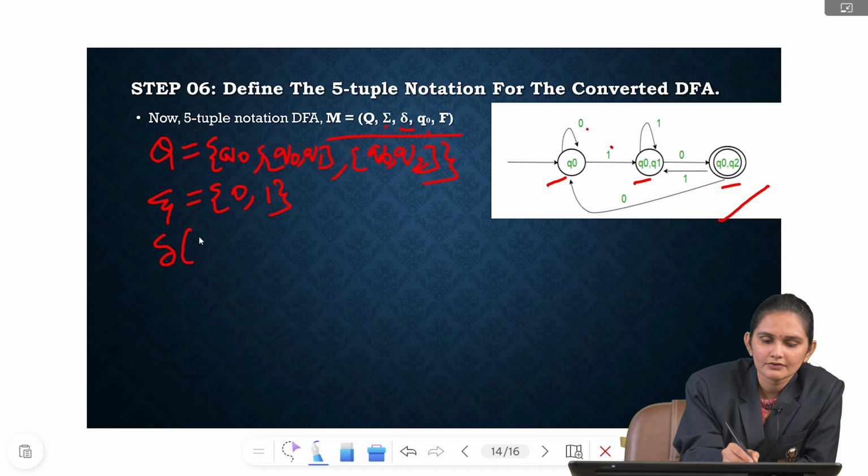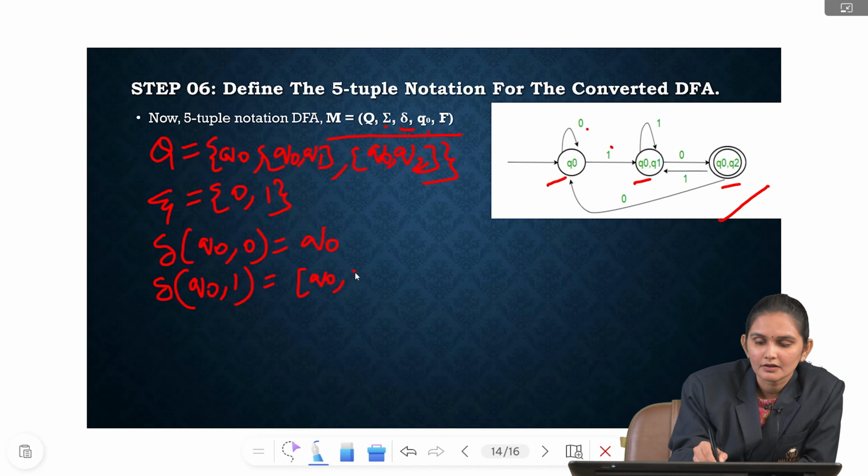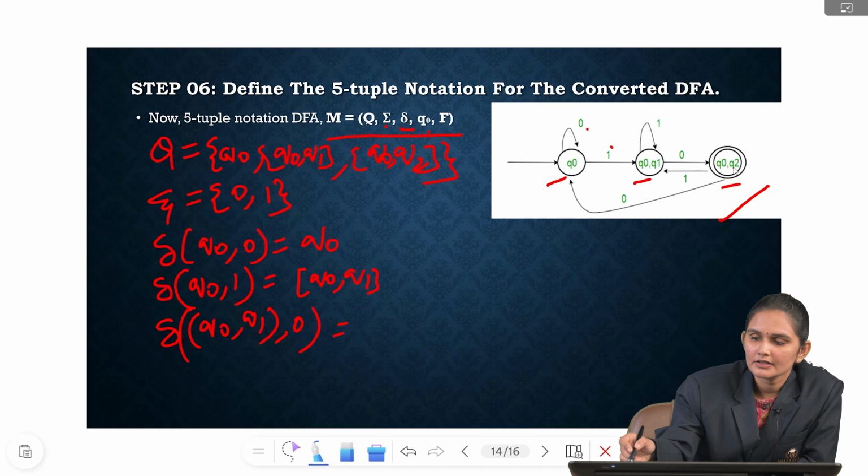Transition function of Q0 on 0: where is it going? It is going to Q0. Q0 on 1 is going to Q0, Q1. Next state, Q0, Q1 on 0 is going to Q0, Q2.